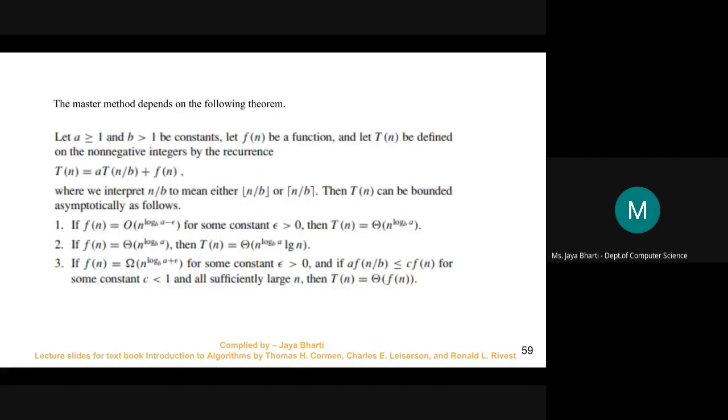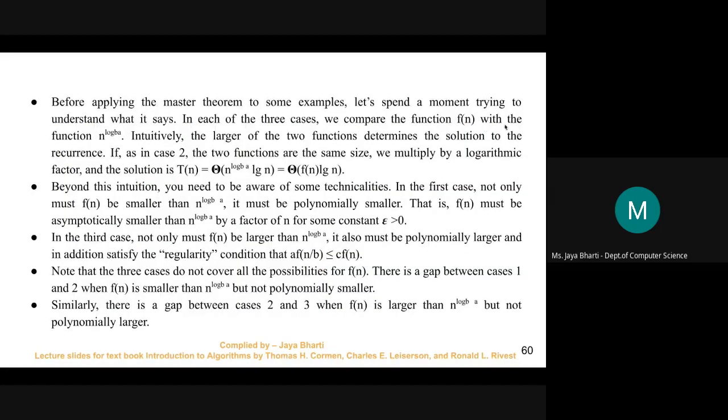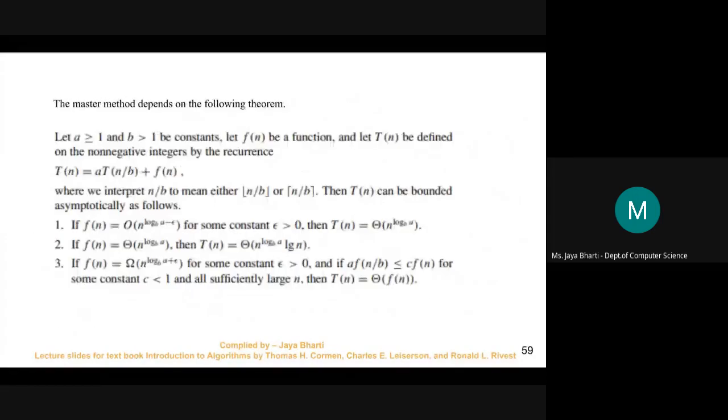In each of the three cases, we compare the function f of n with the function n to the power log a base b, and whichever is larger will be the solution of the recurrence. We have seen that if this part is bigger, meaning it is the upper bound, then the solution will be theta of n to the power log a base b. In the second case both are equal, so we simply write n to the power log a base b and multiply with log n.